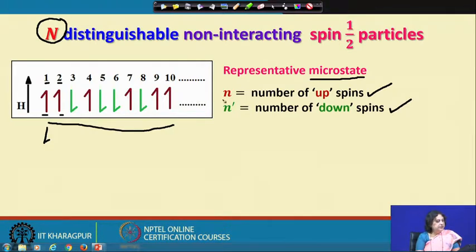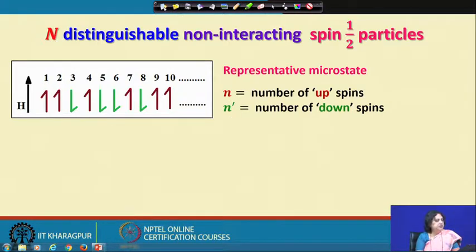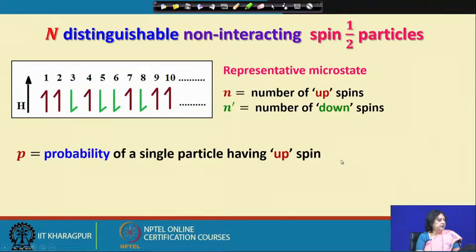So, let us say we adopt this notation that small n is the number of up spins and small n prime is the number of down spins. For such a representative microscopic state, the next question that we ask is, let us say that the probability of finding a given spin in the up orientation is p.